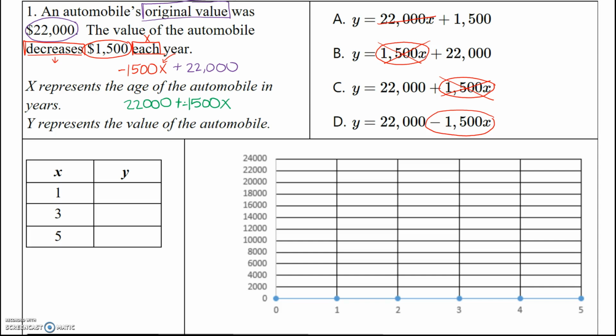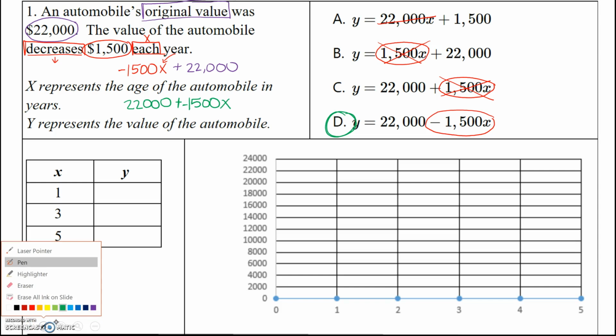All right, so now that we have our equation chosen, we're going to go ahead and fill in our table. So just like we did with our third step yesterday, we did our substitution. So you're going to take your x value, so my first x value is 1, and I'm going to plug it into our equation. So the first one, I'm going to just go ahead and use the equation they gave us.